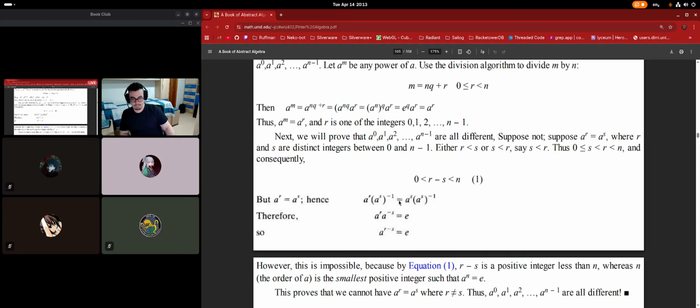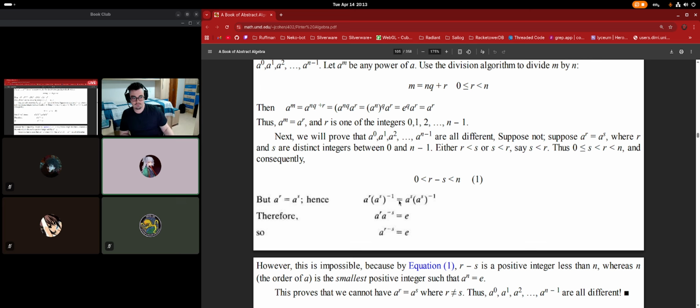Not really. Okay, so how does this come to be? Why are you doing a to the power of r minus s? Why are we doing that? Well, we're trying to get there because we want to hit the contradiction, right? Sure.